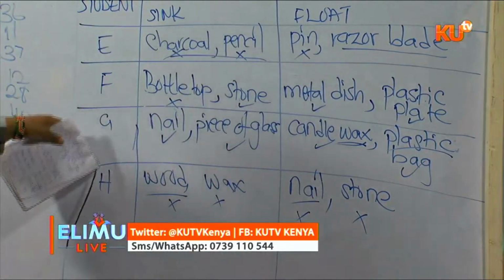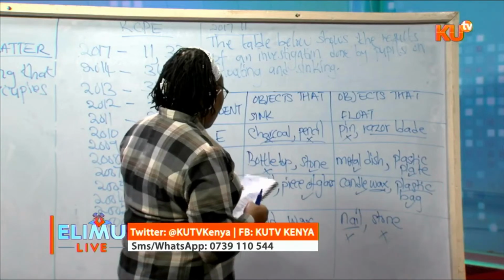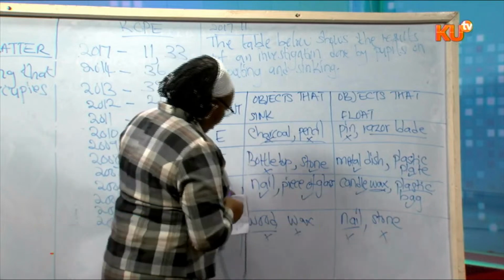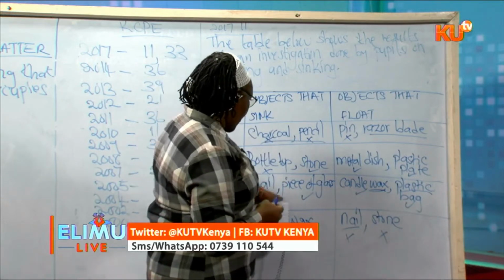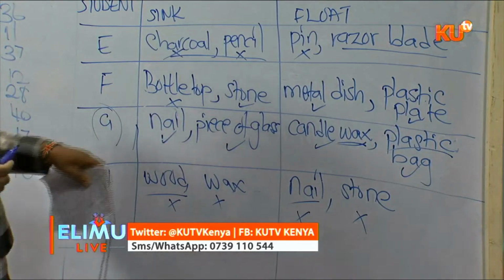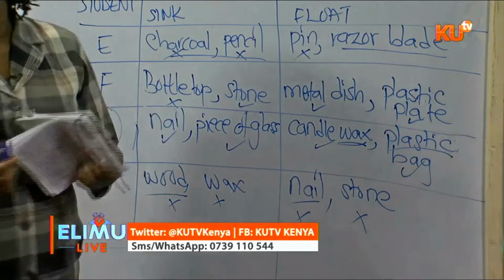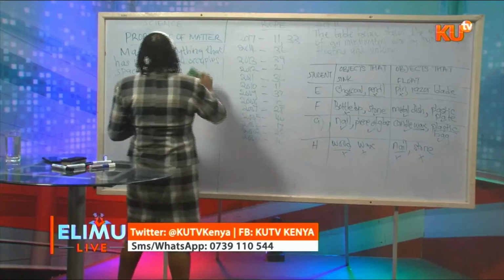So you find that the student who recorded the correct observation is student G, because these two, the nail and the piece of glass, are sinkers, while candle wax and plastic bag are floaters. We can move on to another question.